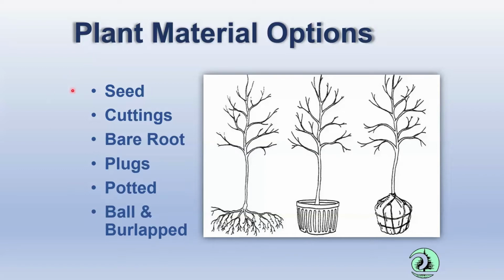You can get them in seeds, you can get them in cuttings, and this is also called live staking as well. You can get them bare root, and this is how the Conservation District sells them at our plant sales. You get them plugs, potted, or ball and burlapped. And here's just a few examples of what they look like.